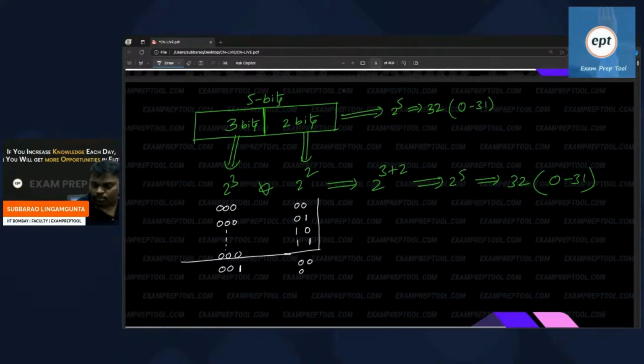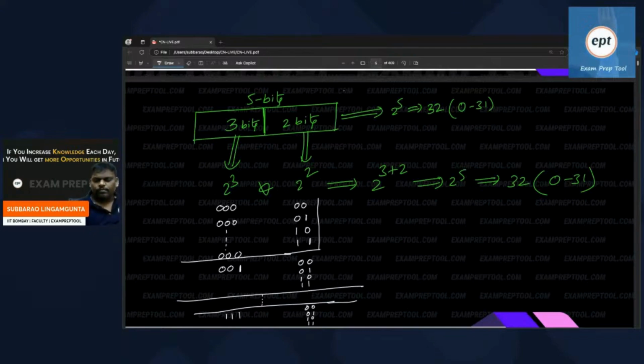Again 000, 001, 010, 011, and this is again 4 more, and so on. Continue. Lastly, the left part is all 111. So this will give 4, and like that every time 4 comes.